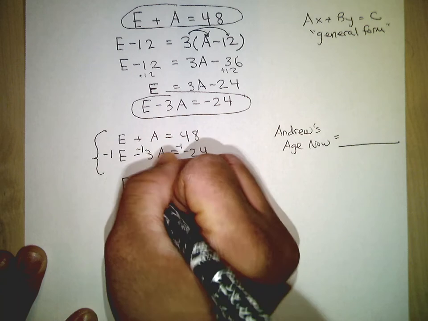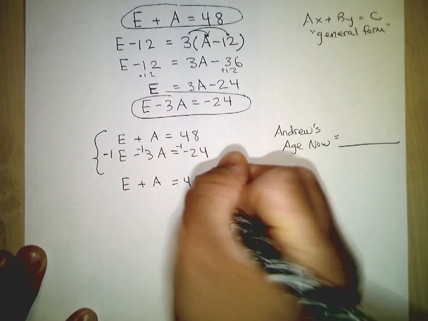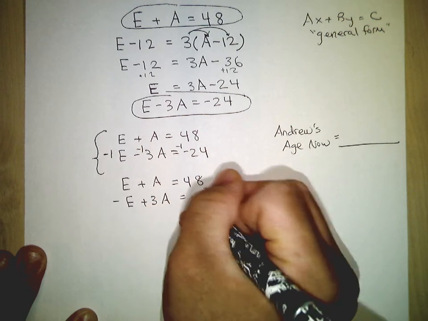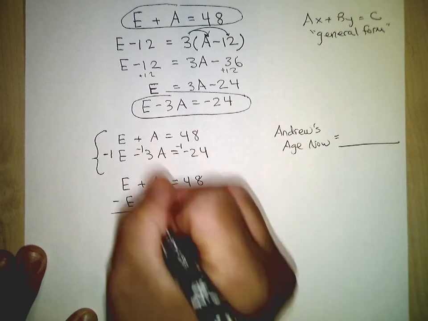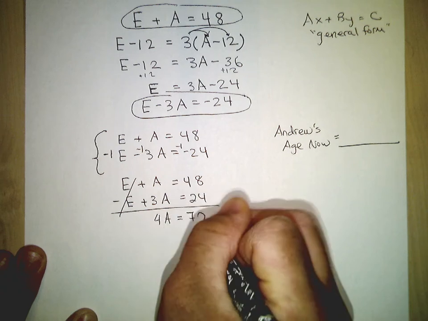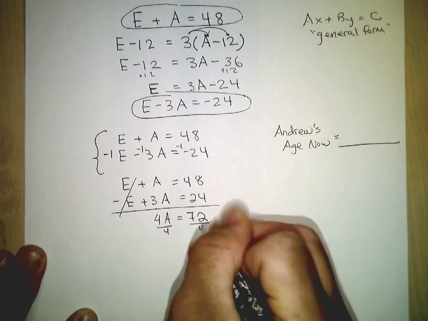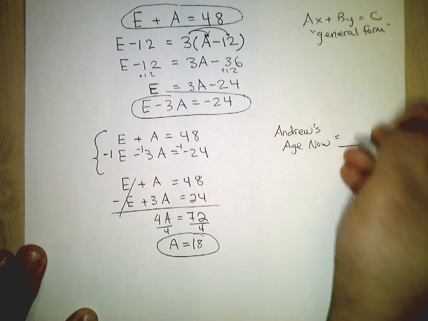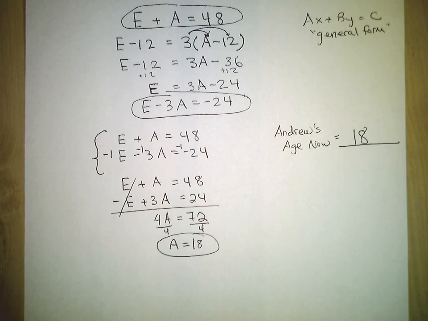So E plus A is 48, and negative E plus 3A equals 24. Then the E's are eliminated, so I have 4A is 72, and when I divide by 4 on each side, I get Andrew's age now is 18. So Andrew is 18 years old right now. What a time to be alive for Andrew.